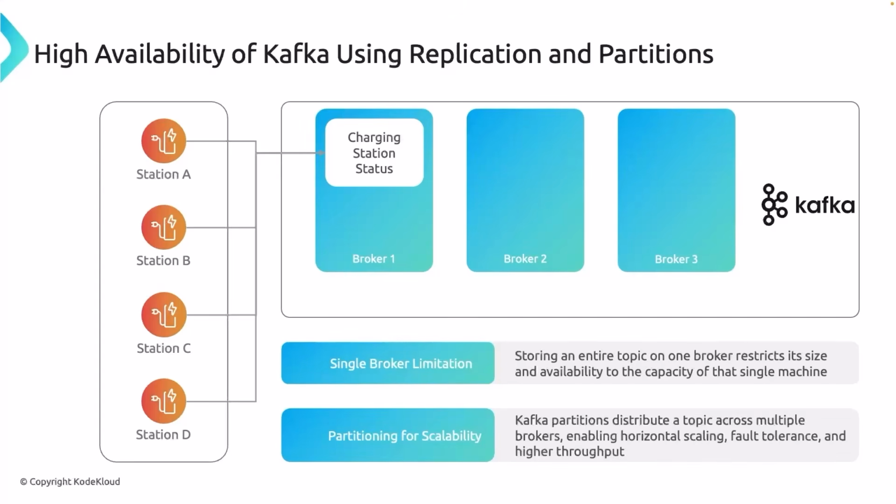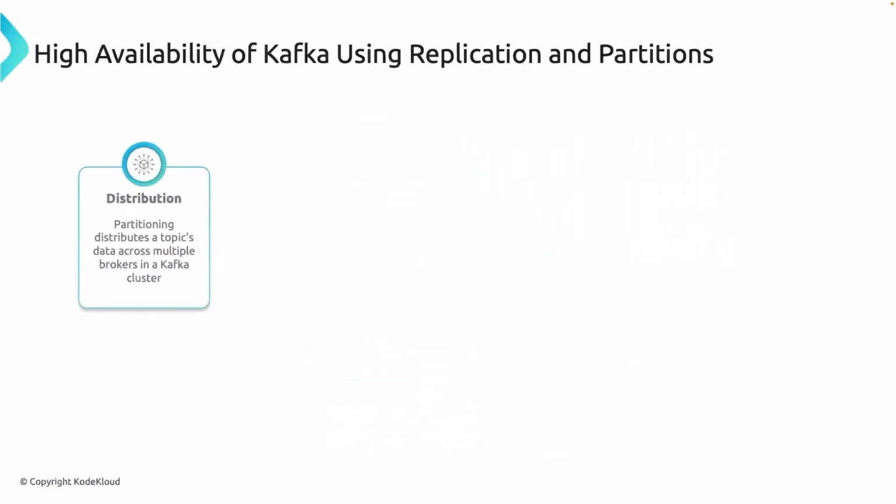Then how is Kafka handling this? It is doing so by partitioning this data into multiple brokers and separating it. Before we see how it does this and how the architecture would look with partitions, we will try to understand some basic information on why we need partitioning and how it actually helps us. The first one is distribution.